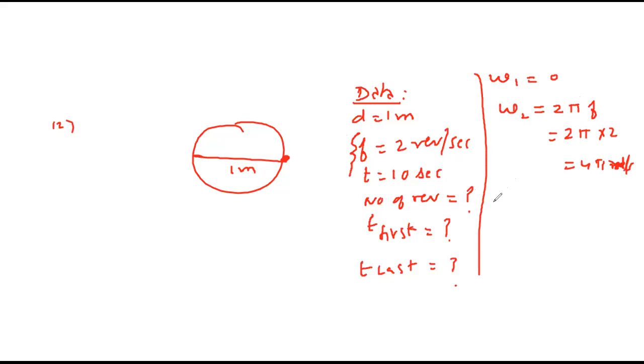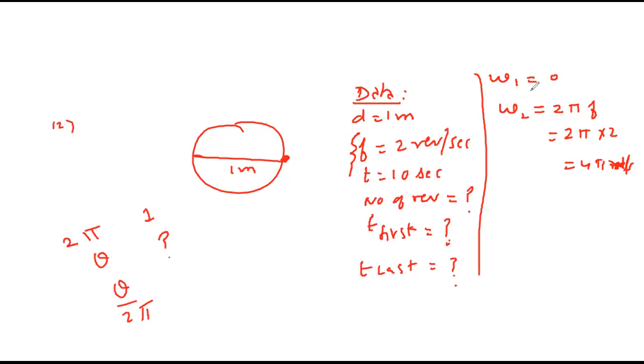Number of revolutions means you can find theta. Once you know theta, the number of revolutions is theta by 2 pi. 2 pi radian means 1 revolution. So theta radian, how many revolutions? It will be theta upon 2 pi revolutions.